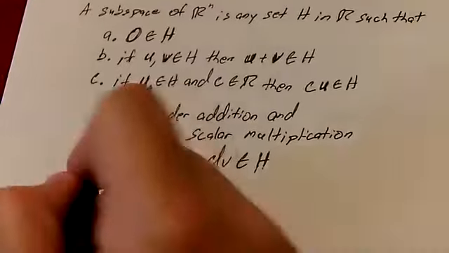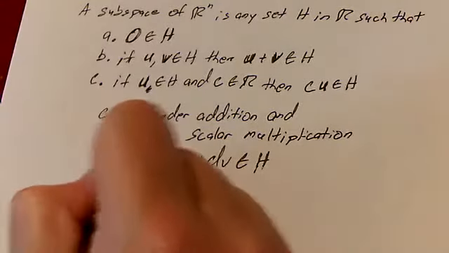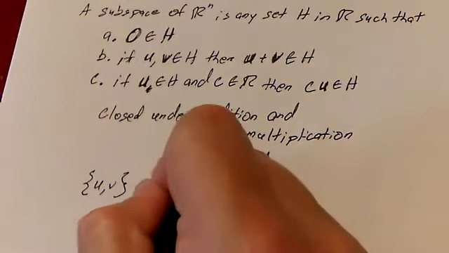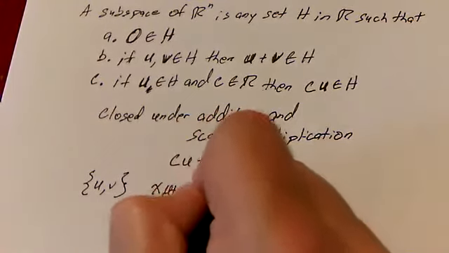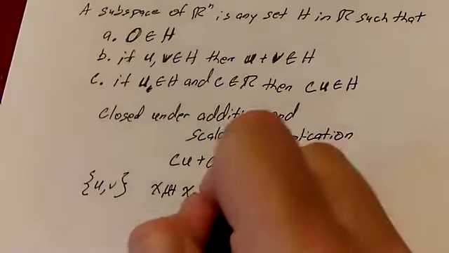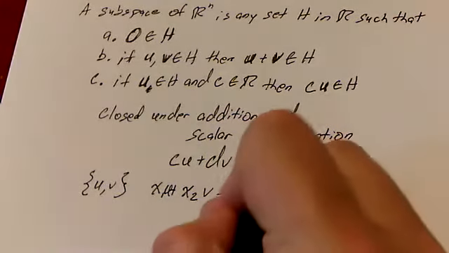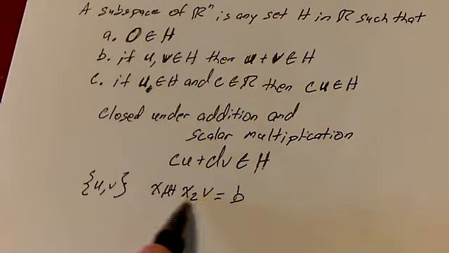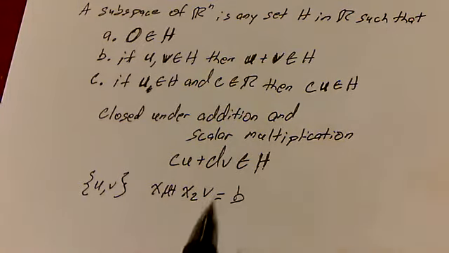Now if you look at this notation, the CU plus DV, that looks a lot like a linear combination. So if I have a set of vectors U and V, then I have x1u plus x2v. This is a linear combination, okay? Maybe this is equal to something b. Well, this is a linear combination of my vectors u and v. So linear combinations relate very closely to subspaces, okay?